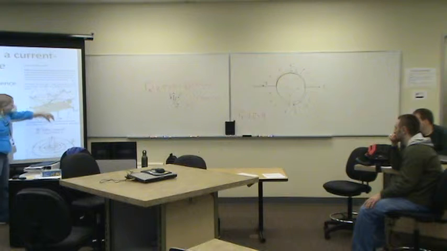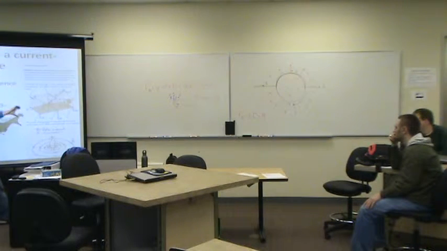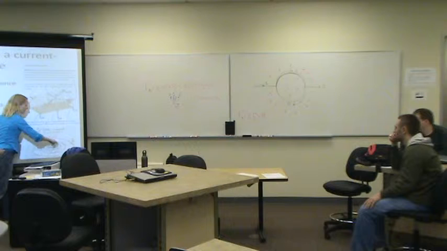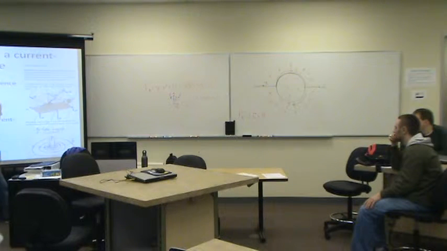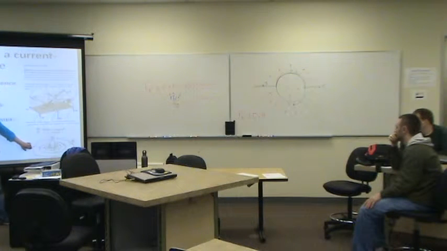If you look at a wire that's going into a page of paper like this, that's downward for my current. My fingers curl around, and you'd see the B field making sort of a bullseye pattern around that wire. Closer to the wire, you're going to have a stronger B field, and it's going to drop off like 1 over R. So 1 over R or 1 over R squared?